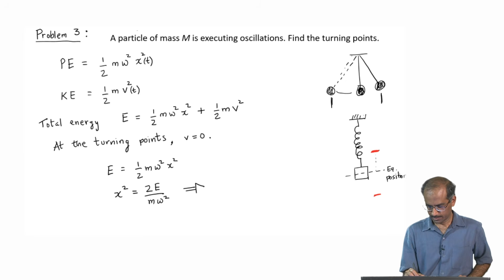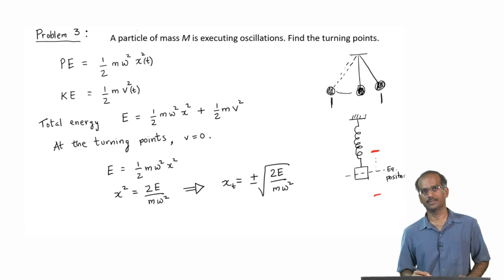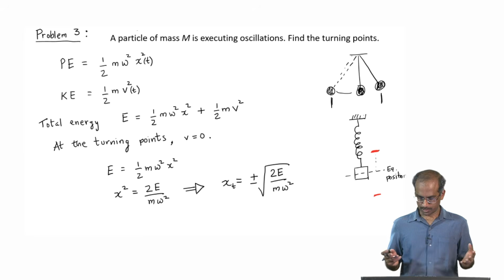This implies that x is equal to plus or minus square root of 2 E by m omega square. And to indicate that these are turning points, let me call it x t here. So, x t is the position of turning points.